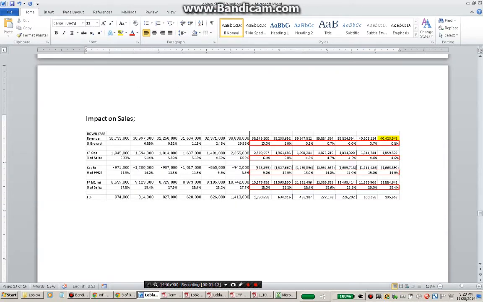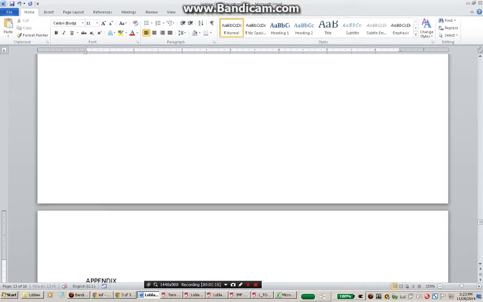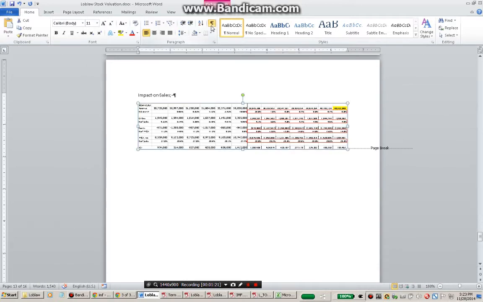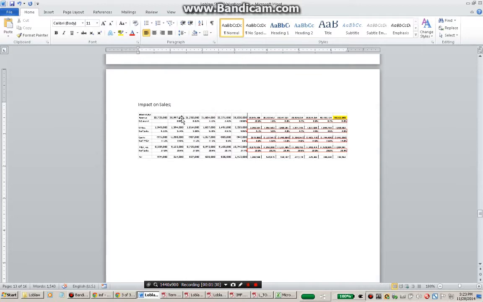You know, kind of take a look at it, so you can just add some assumptions on the down case: population, GDP, costs of goods sold, etc.